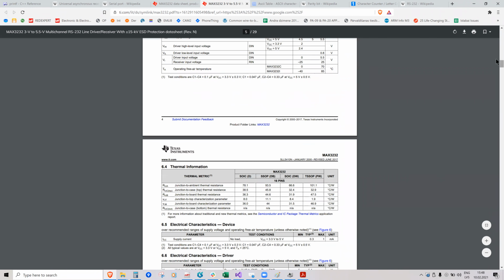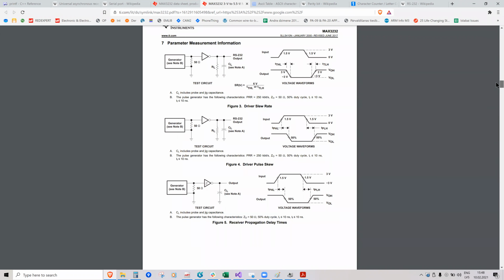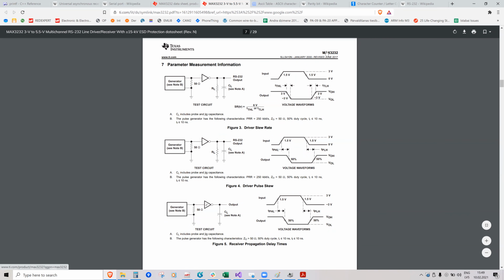Let's see what the output signals are. I think it only converts from... oh no, it actually generates a negative voltage. Yeah, that's right, then this chip actually works. Its name suggests that it should work, because it's MAX3232, so it should output RS232 voltage levels at the output, and it actually does.